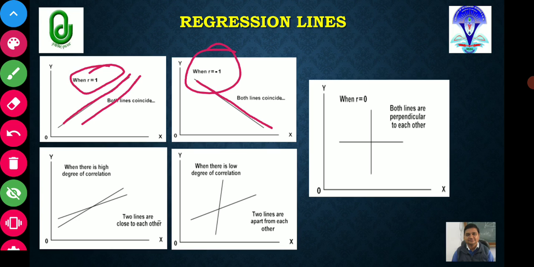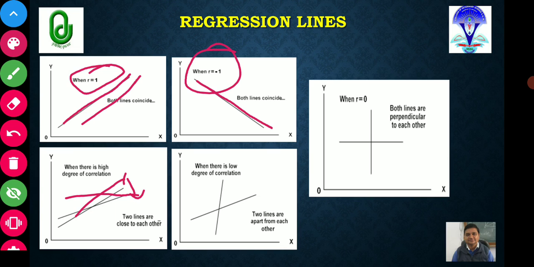Now, suppose the correlation is not perfect 1. That is, the correlation is not 1, but the correlation coefficient is very high. In that case, you will see the two lines will be close to each other. They will be crossing each other, but they will be close to each other. The distance between these two lines will be very small.